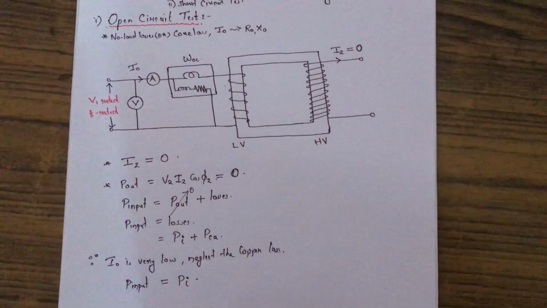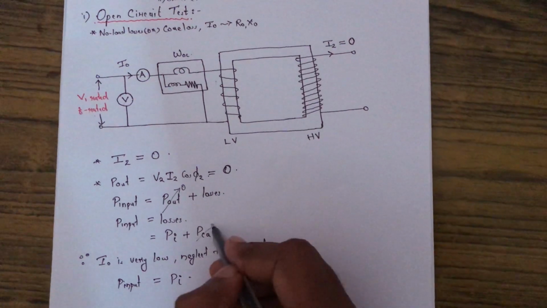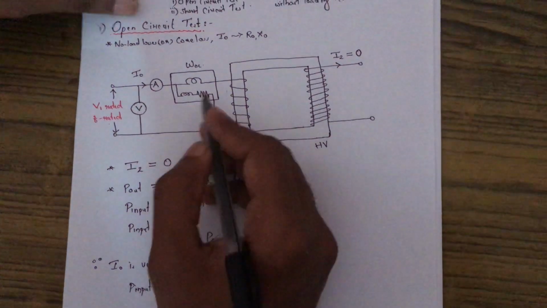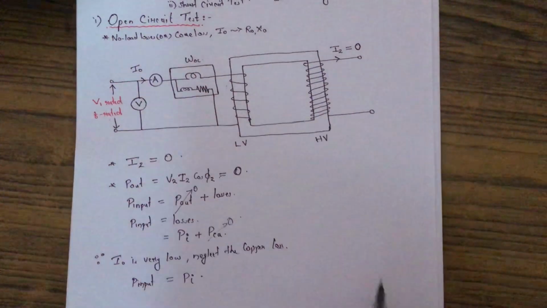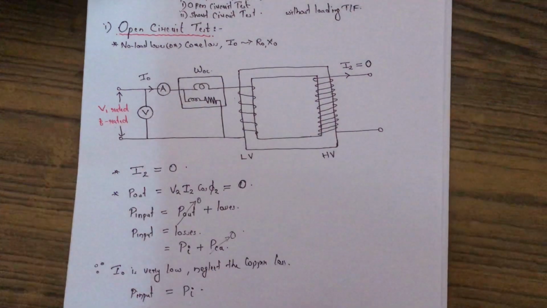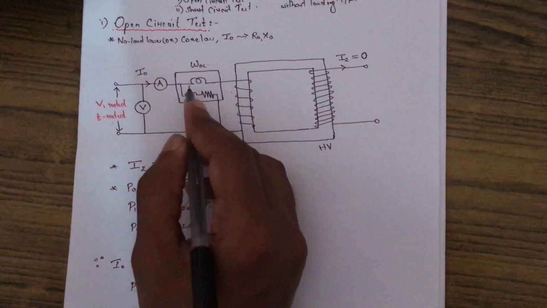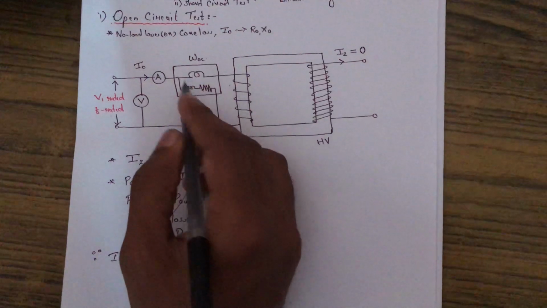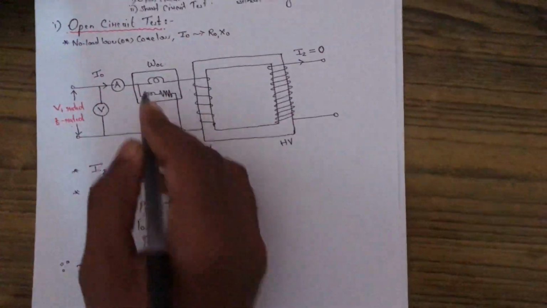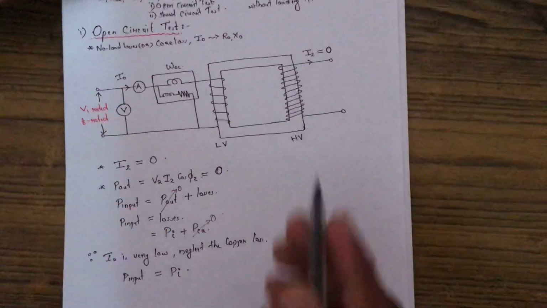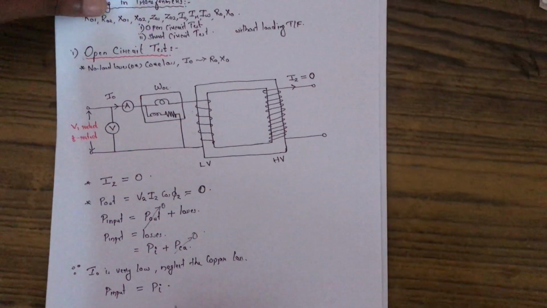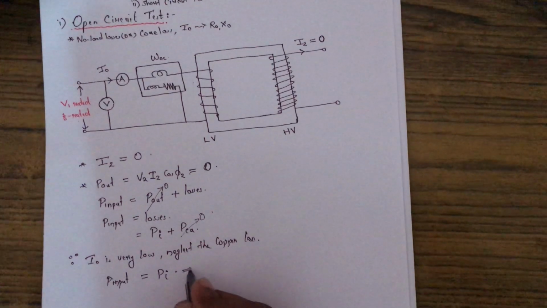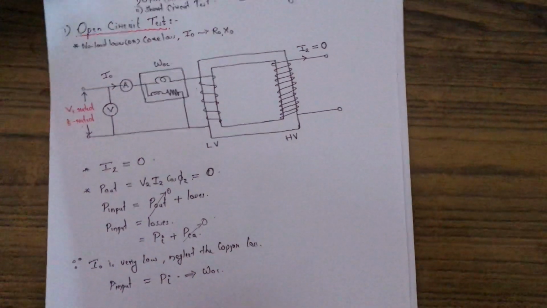Therefore we can say the input power will be equal to the iron losses of the transformer. Whatever power is measured by this wattmeter will be the iron loss. Therefore iron losses will be equal to the input power, that is WOC.